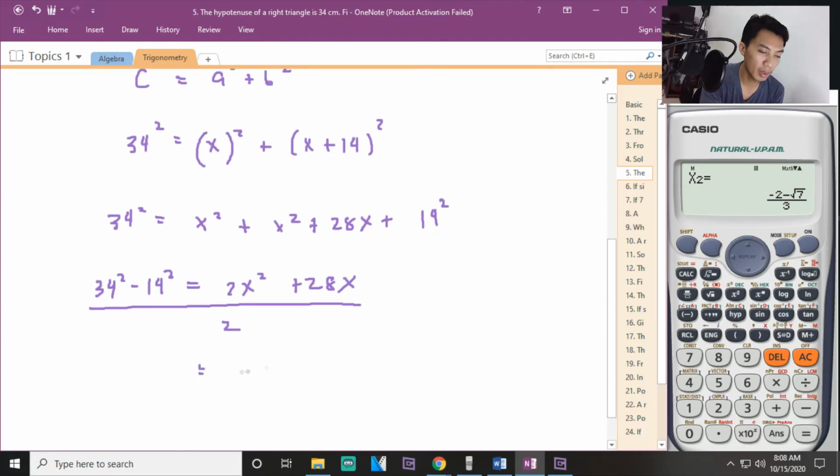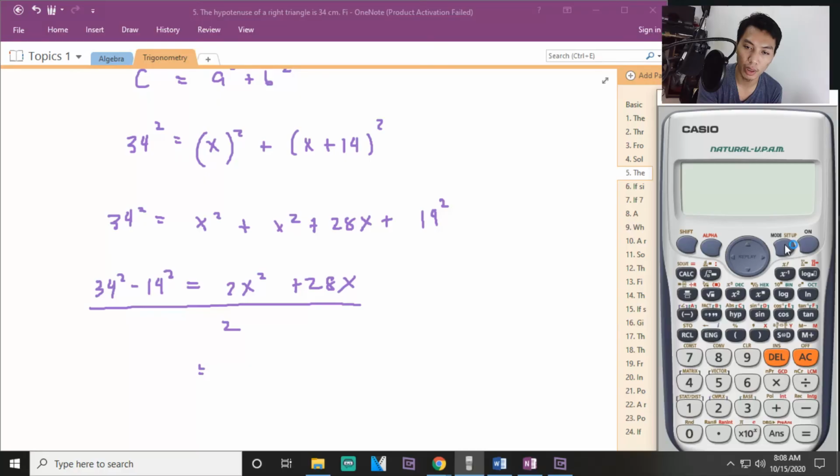We divide both sides, everything is divisible by 2. So, let's set up first in mode 1: this is 34 squared minus 14 squared, divided by 2.